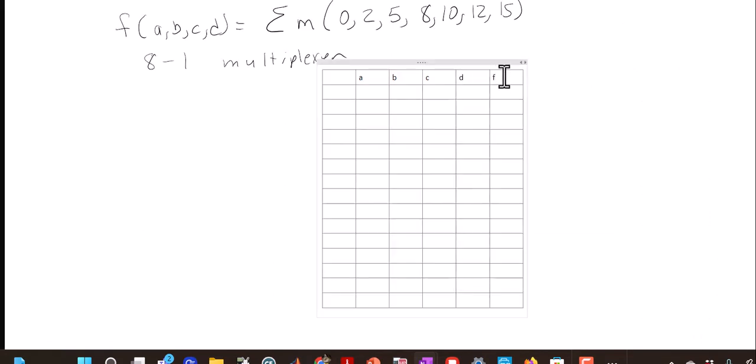D, F, min term 0, 1, 2, 3, 4, 5, 6, 7, 8, 9, 10, 11, 12, 13, 14, 15.